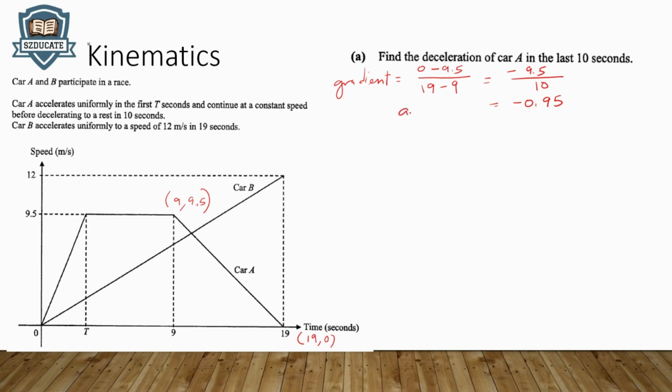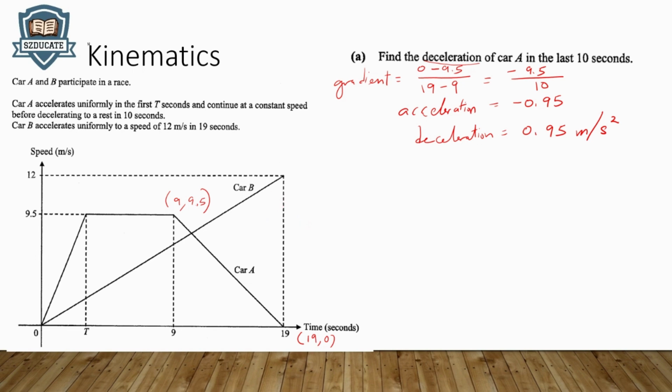This is the gradient, which is also the acceleration. Take note, the question actually asks for deceleration, so the deceleration is the positive one: 0.95. Please remember to give the unit. The unit of acceleration is meter per second square.